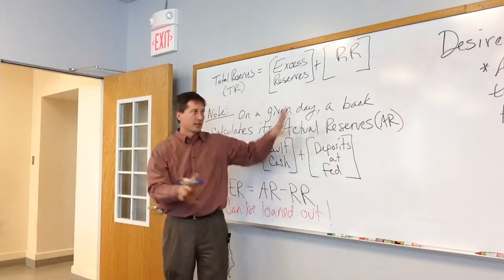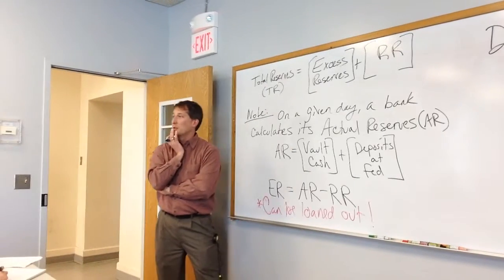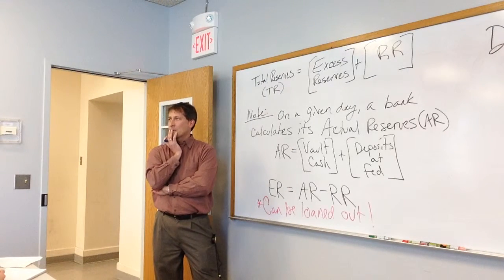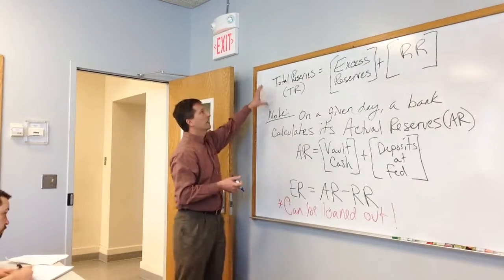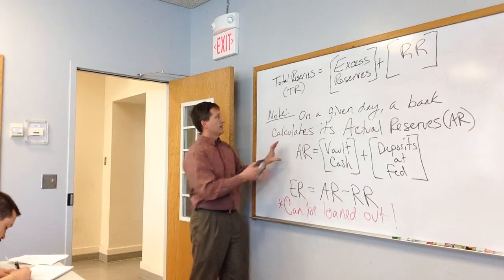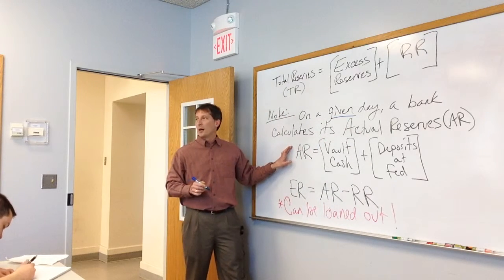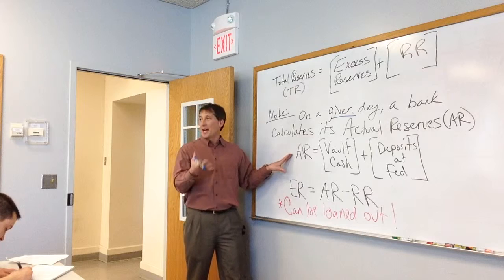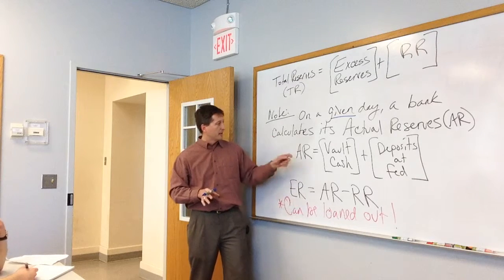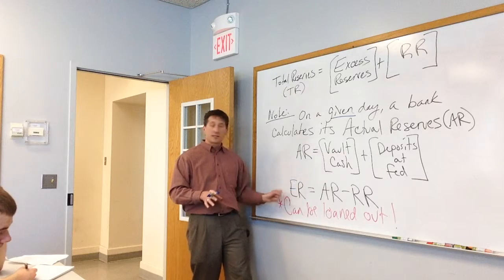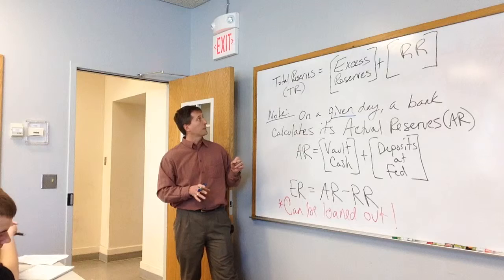You got the banking industry still having flexibility to do some stuff as they think about how much loans to do. What's the actual reserve in comparison to total? They're very close. What I was trying to emphasize is that on a given day, their actual reserves, what they have on hand for that day's decision, would be able to be loaned out. To define the excess reserves as actual minus required. Okay?